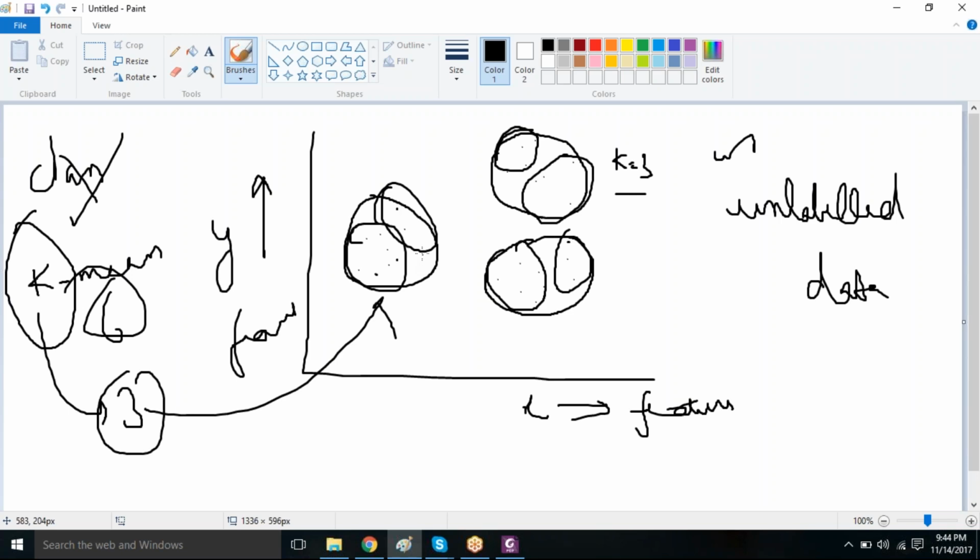You don't know anything about which class is what. You want to find groups, you want to find which are the similar kinds of data. Do not confuse it with a classification problem. It is not at all a classification problem. It is a clustering problem where you have to find which data points are similar.